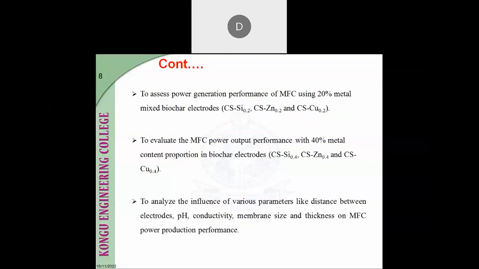In addition, we are going to analyze the MFC output performance, and the parameters which influence the power generation, like the distance between the electrodes, pH, conductivity, membrane size, and membrane thickness on the performance of MFC with respect to power production. Okay.